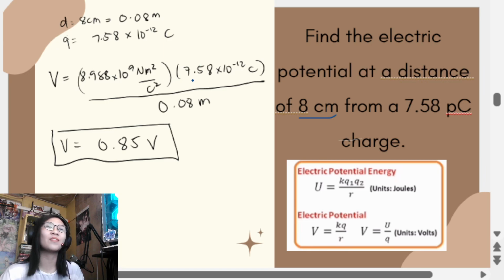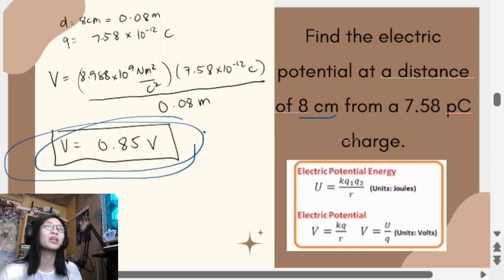Our Q is 7.58 times 10 raised to negative 12, because it's pico, over our R, which is 0.08 meters. So we have 0.85 volts. That is our potential. Okay, it's easy, right?